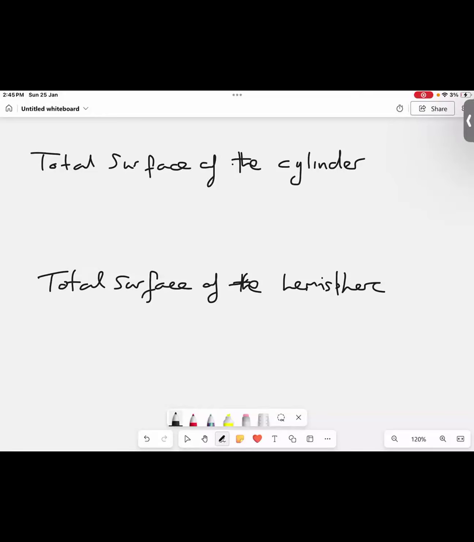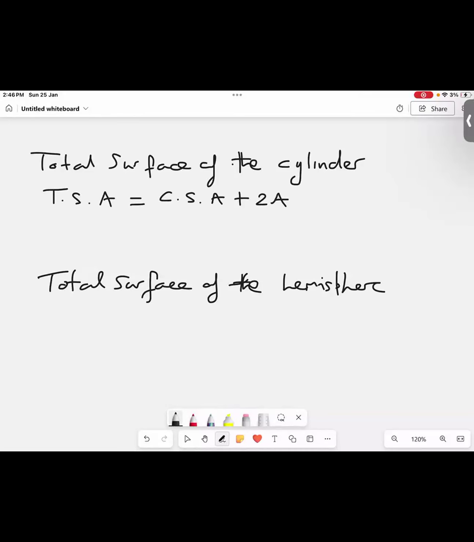But for now, let's just do the question. So total surface area is going to be equal to curved surface area plus 2 times the area of the base.